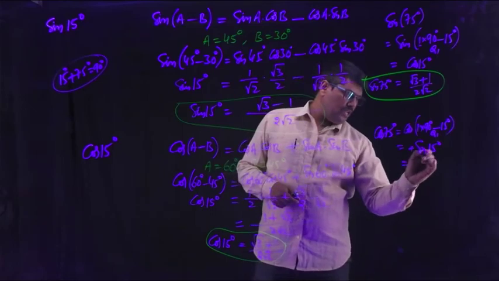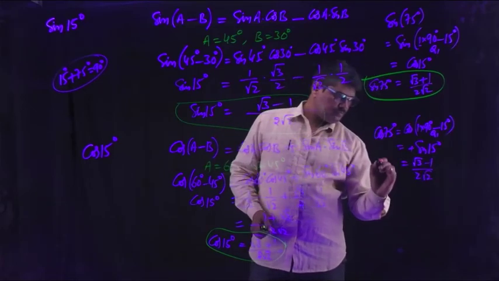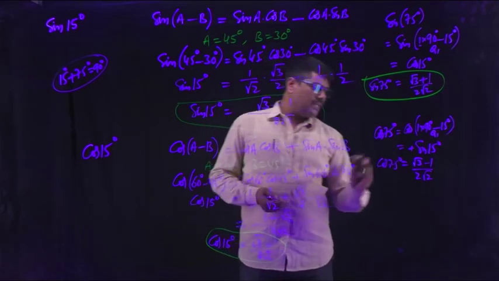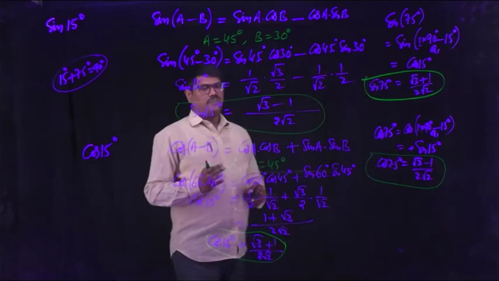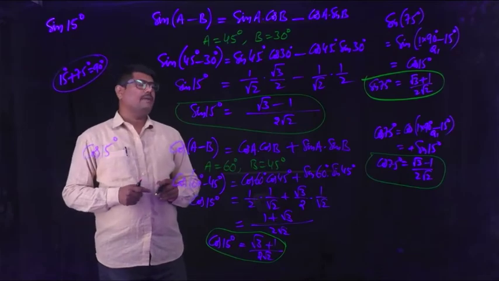So cos 75 is nothing but sin 15, which is root 3 minus 1 by 2 root 2. You have to remember it like that.